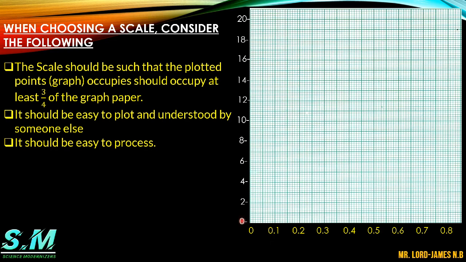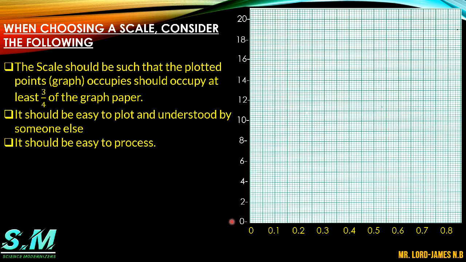So you clearly see that there is a constant difference between 0 and 2, and that constant difference between 2 and 4 is still maintained, and the difference can simply be calculated by taking 4 minus 2, and you see that it is 2. And likewise, on the other side, we can also have 2 minus 0, which still gives 2. So for all values on this scale, you clearly see that there is a constant difference, and that constant difference is 2. So you have 0, 2, 4, 6, 8, 10, 12, 14, 16, 18, 20. So that is the characteristic of a good scale.